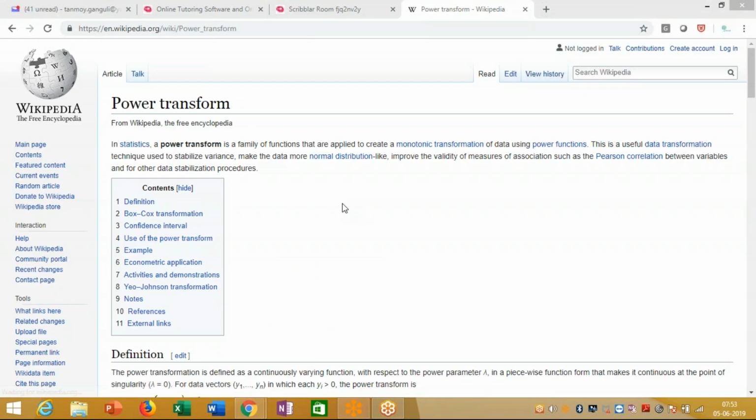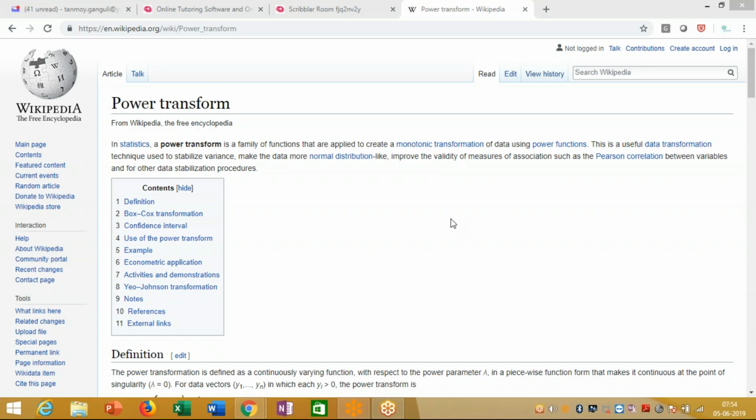I'll just give you the link. You can keep it at your end and read it. The only reason I am suggesting Wikipedia over here is because it is a very concise description of the content, and very useful.